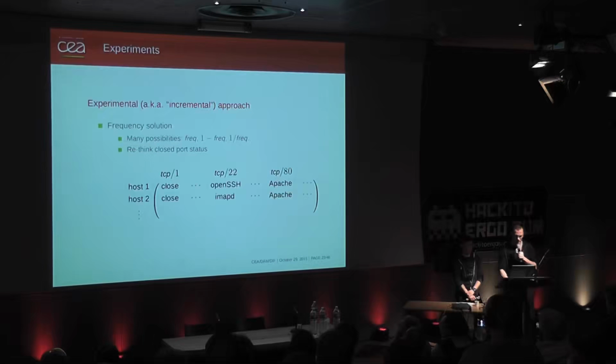So what we did was try a frequency solution. It's basically that beyond your scan, beyond your whole scan, you'll just check the frequency of occurrence of one service, like OpenSSH. So it will be really common on port 22. And when you have one host with an Nmap daemon working on port 22, this is really uncommon.